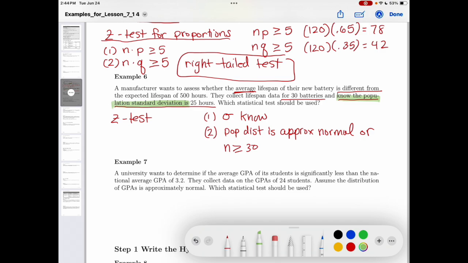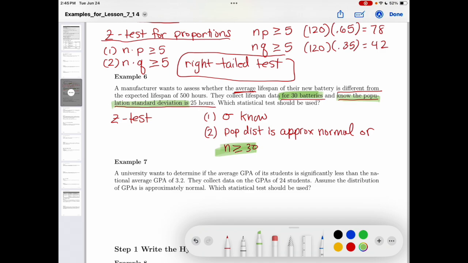Now, it doesn't tell us in here that the population distribution is approximately normal. So we need to check the other condition, which is that the sample size is greater than or equal to 30, and it is, right? We're using a sample of 30, so this condition is met. So we definitely can use the z-test.